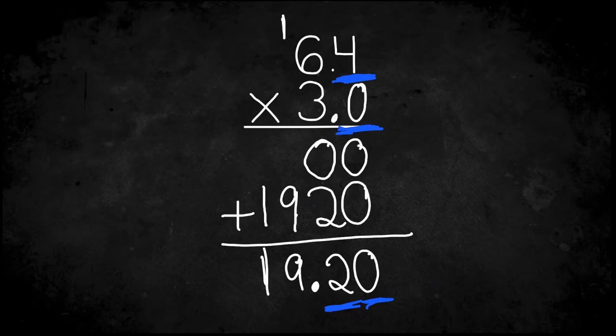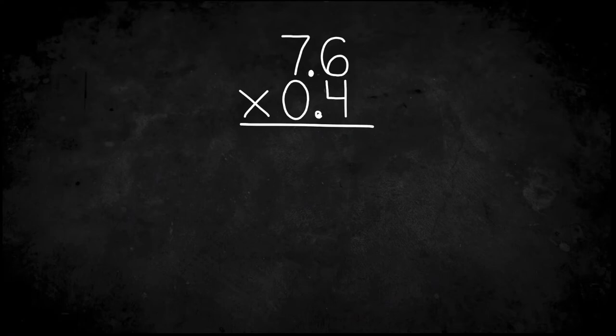Now let's try another problem. We have 7.6 times 0.4. We're going to do the same steps as before. So 6 times 4 equals 24. We carry the 2. 4 times 7 is 28, plus 2 is 30.